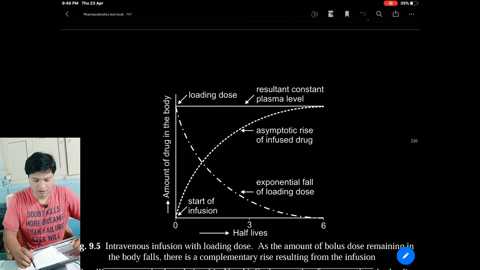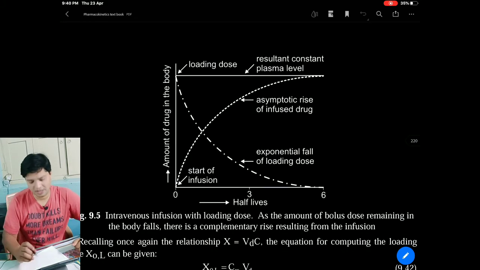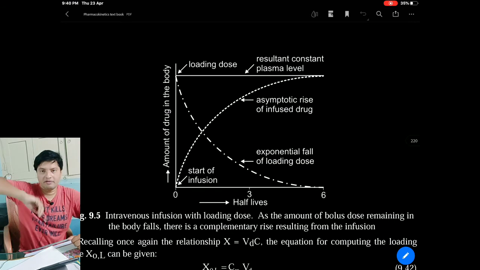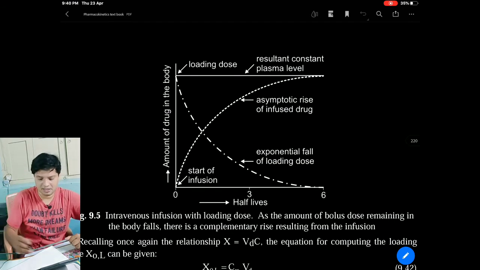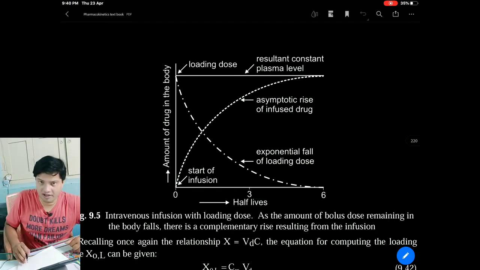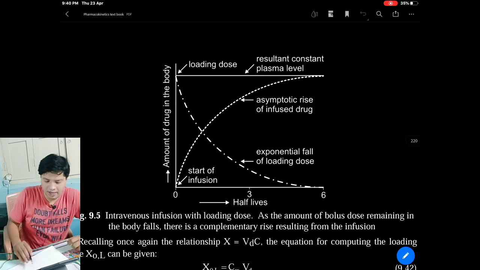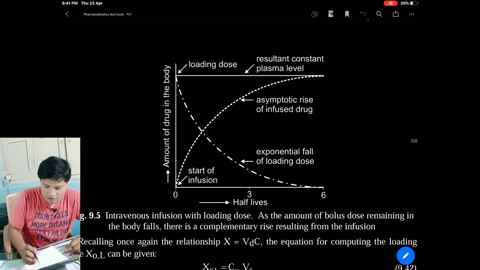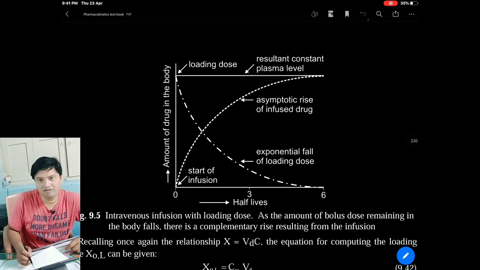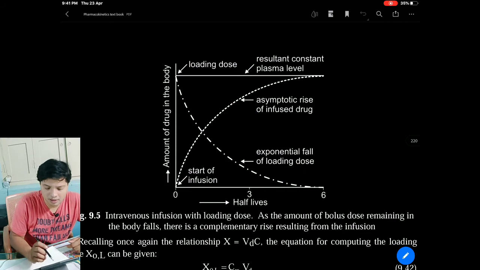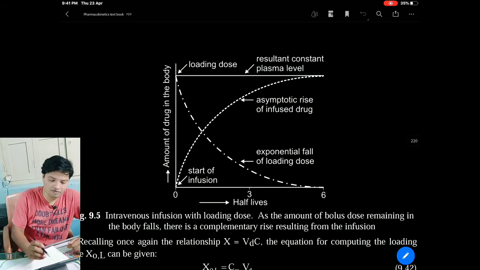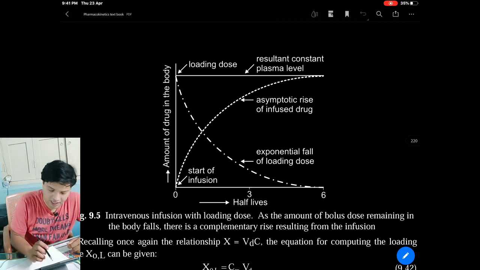Okay, see here, this graph, what it says: the amount of drug in the body we take on the y-axis. On the x-axis we have half-lives. Let's say we have 3 half-lives and 6 half-lives. Once you give the drug initially, let's say I am giving a loading dose.